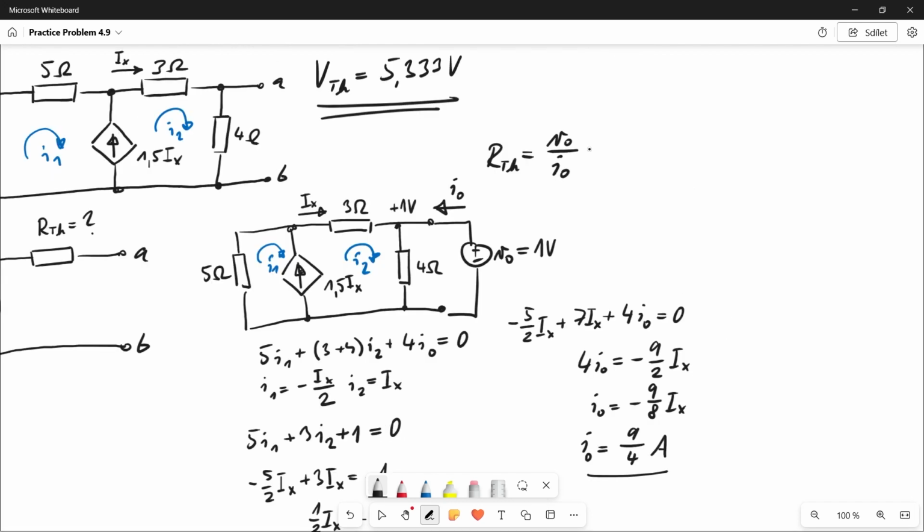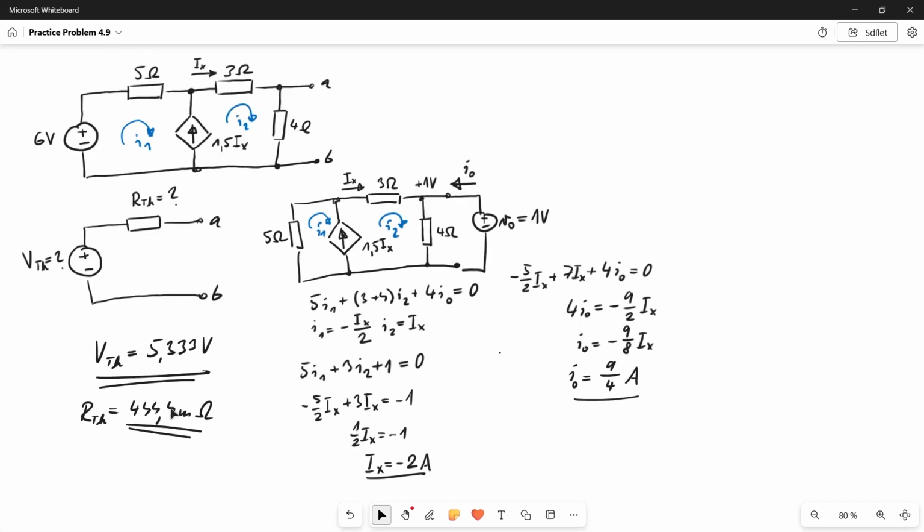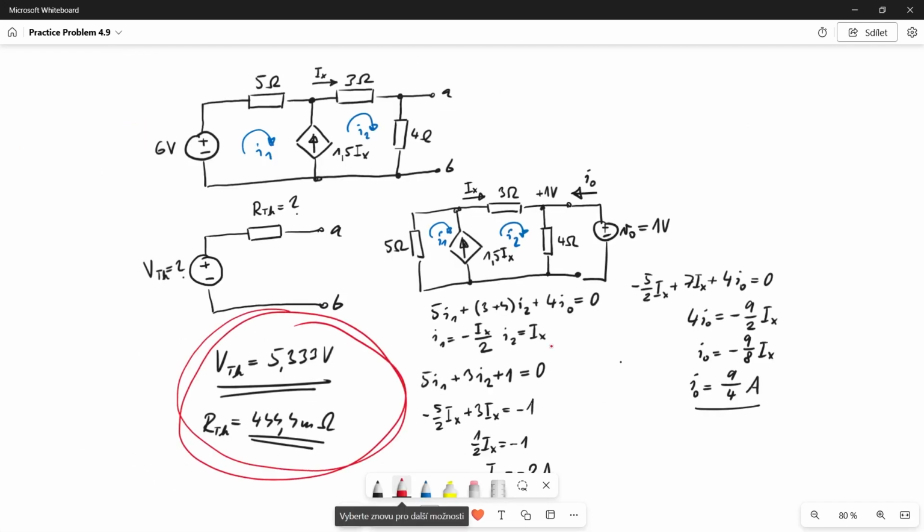And now we substitute into this equation. We know that the output voltage is 1 volt, and we know that the current is 9 divided by 4 amps, which gives us 444.4 milliohms. And that's it.